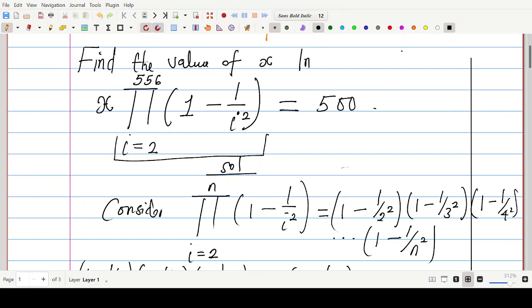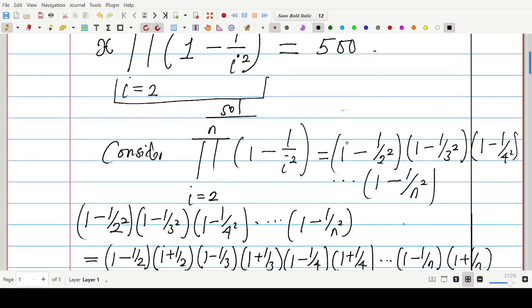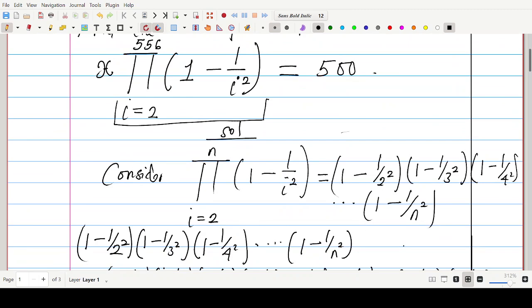Now, to get the value of x in this case, we have to evaluate this expression. It's very easy, because we have derived a simplifying expression.